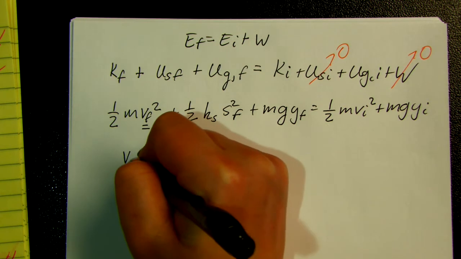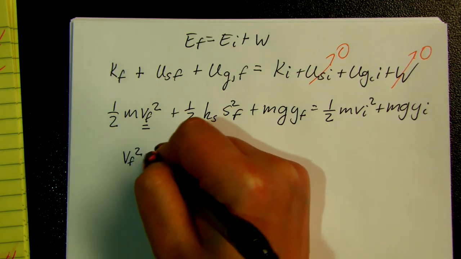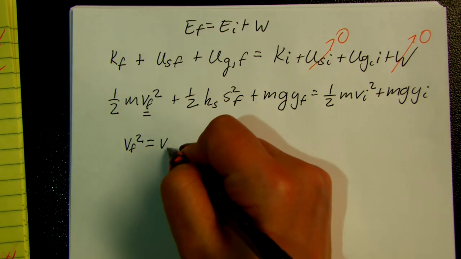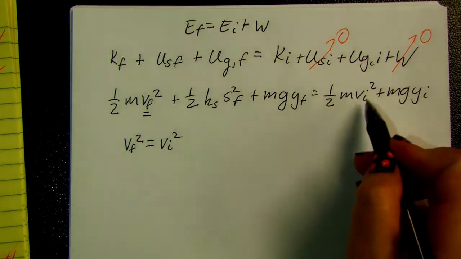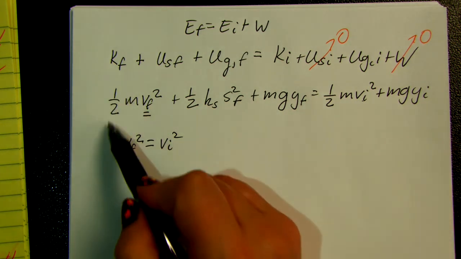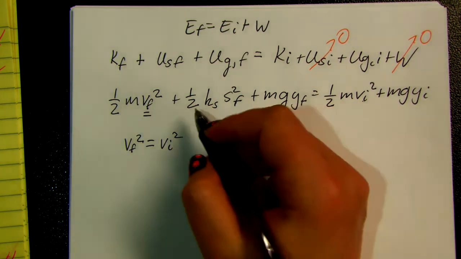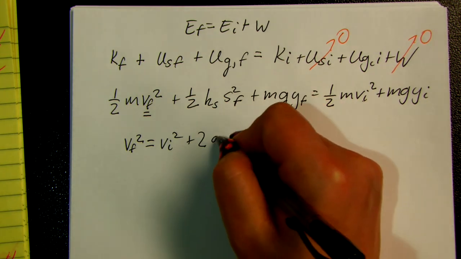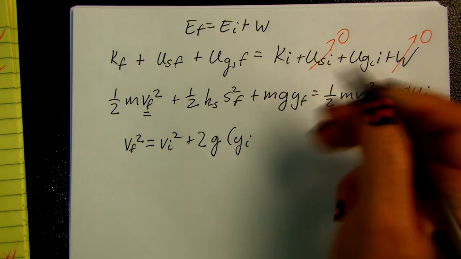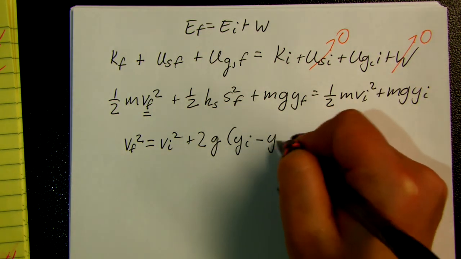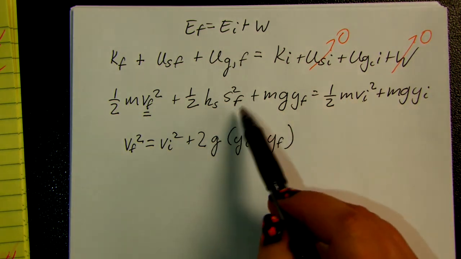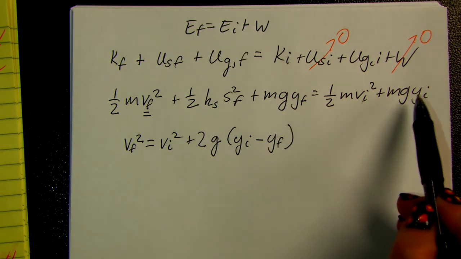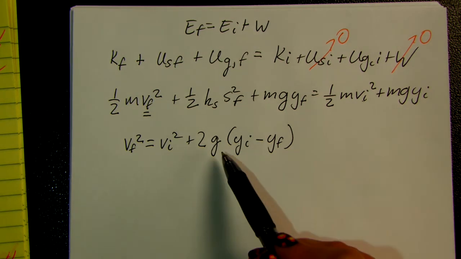So algebra commences, and we see that our final velocity squared is equal to the initial velocity squared from this term here. This 1/2 and m have canceled out that 1/2 and that m, plus 2 times g, initial minus final. This comes from having subtracted that term over and then factoring out the factor of 2 and g.